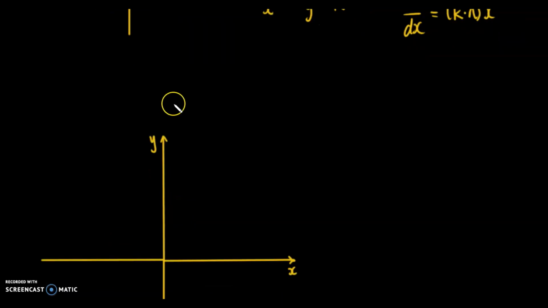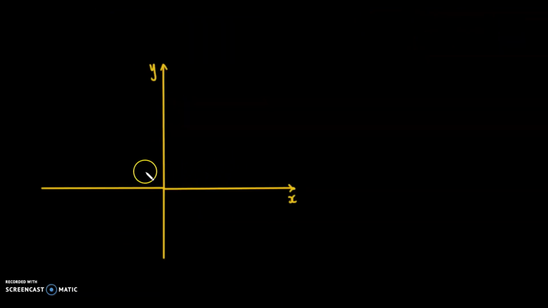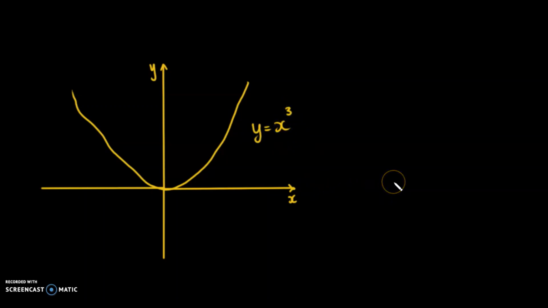So let's move on to our graph here. Let's draw something that looks like this. And we can call this y equals x to the power of 3. Okay, so this is our new function, and I want you to find the gradient function of a point on this graph.